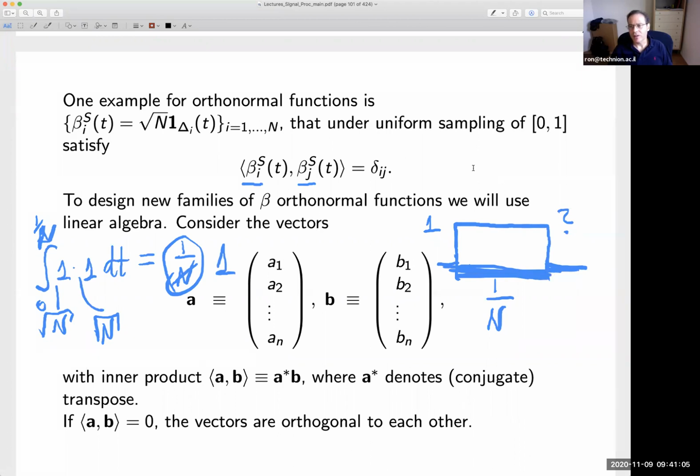Did I answer your question? Yes, thank you. So this is the normalization factor that I have to push in, so that the functions that I will be using would be orthogonal, or orthonormal to one another.